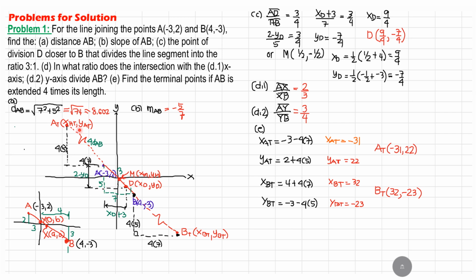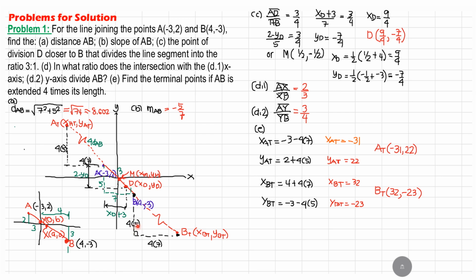So from there, we can analyze x A sub D and y A sub D. And we extend also B to this terminal point here, B sub D. So this is 4 times the horizontal projection of AB, 4 times 7, and the vertical projection, this one is 4 times 5.